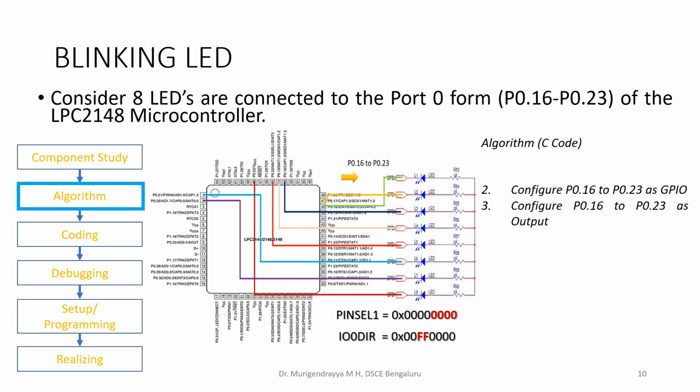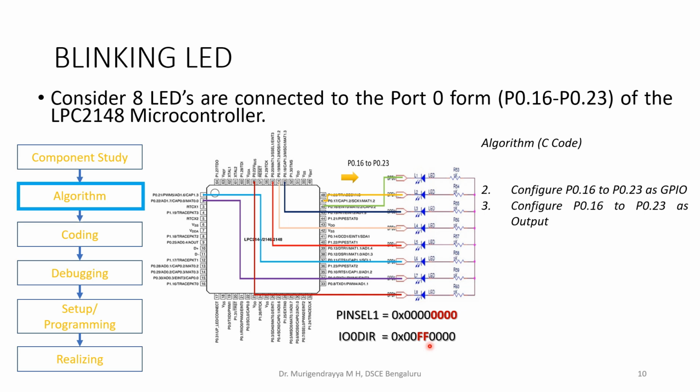To do that, we use a register called IO0DIR. Bit 16 to bit 23 of this register is set to 1, meaning if you set a bit of this register to 1, then the respective pin will be configured as output.